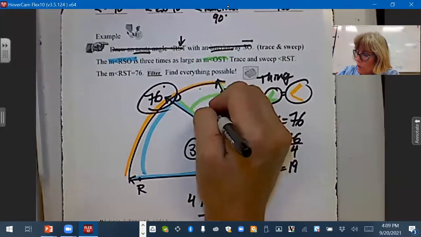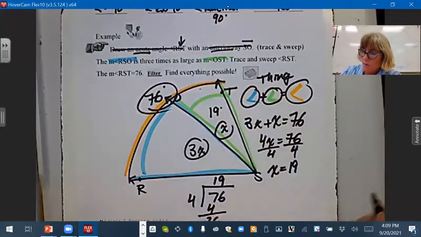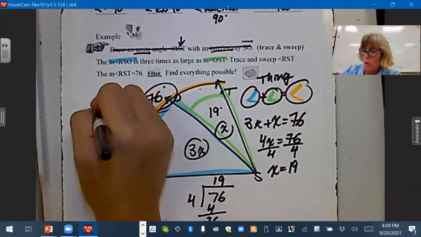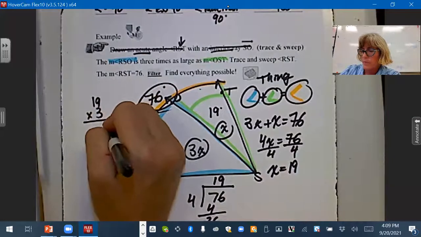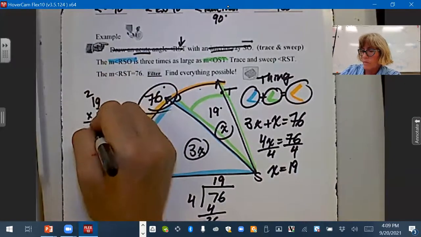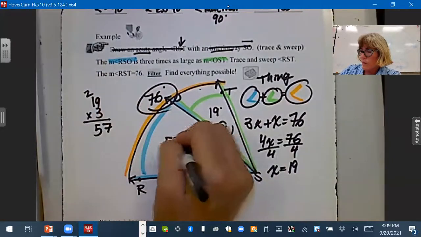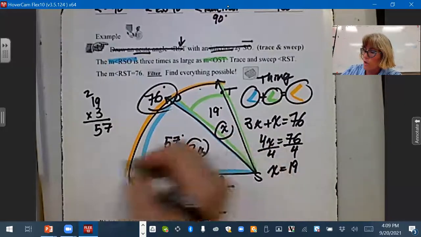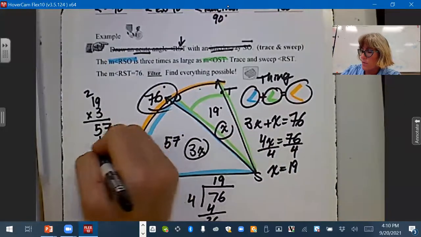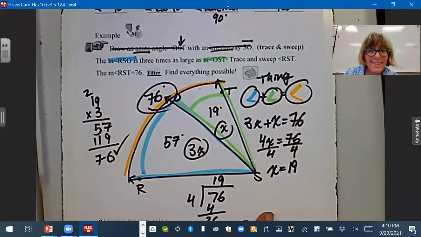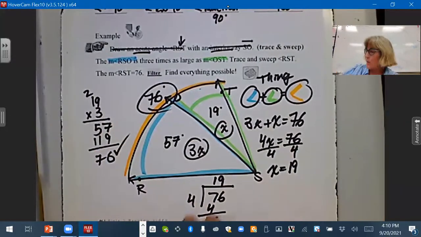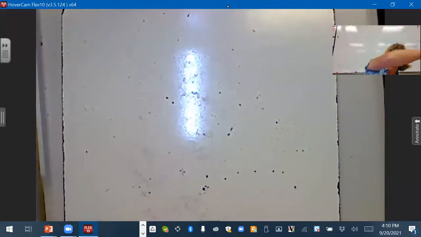So if I go here, that's 19. And then over here, I'm going to go 3 times 19, 57, and here's your check. 57 and 19, 76, you got it. Next page.